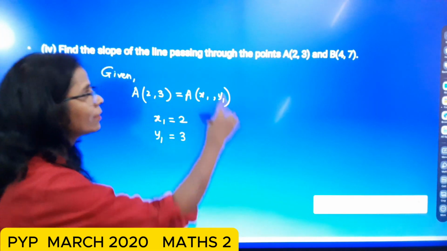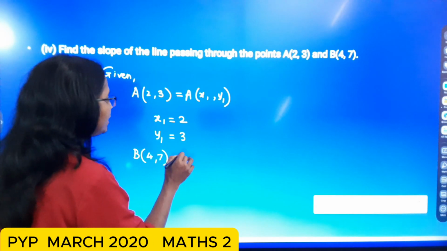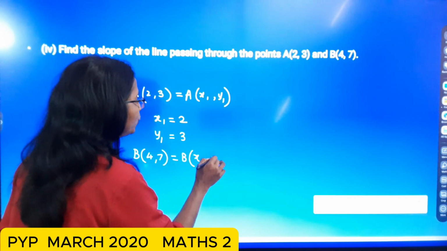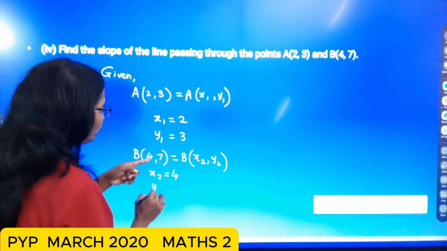Now the second point B(4, 7) is (x2, y2), so x2 becomes 4 and y2 becomes 7.